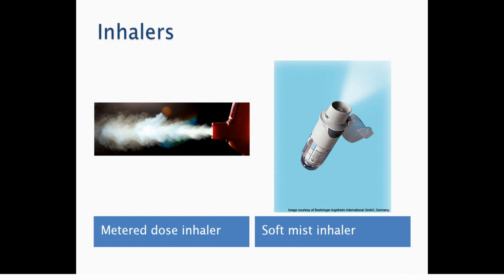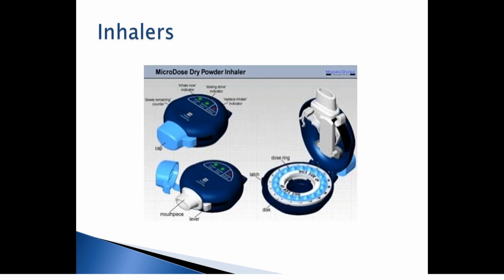Now you see a metered dose inhaler with bigger particles and a soft mist inhaler with smaller particles. Especially in an asthma attack, you have to use smaller particles. You have to use a nebulizer. They make very small particles, and they can pass through the very small orifices of the bronchial tree during bronchial constriction.